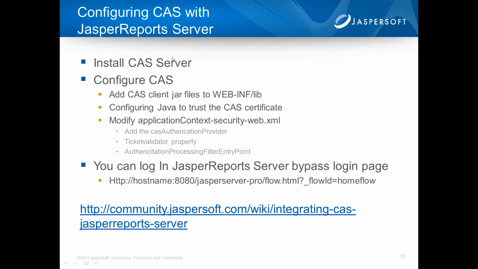Once you install the CAS server, you can use the Java keytool to generate a certificate, so you make sure your Java trusts your CAS certificate. And there's the applicationContext-security-web.xml, where you need to update all the filter chains, and also provide some beans for a CAS authentication provider.